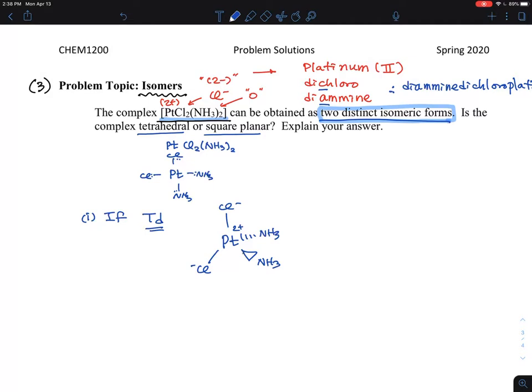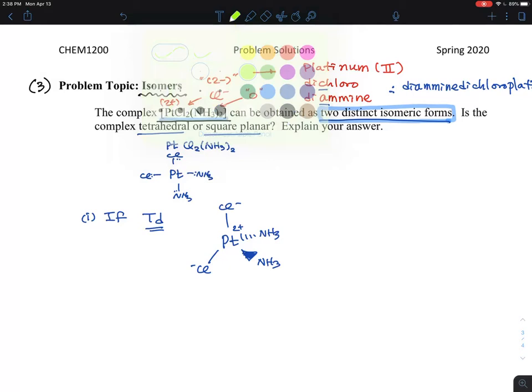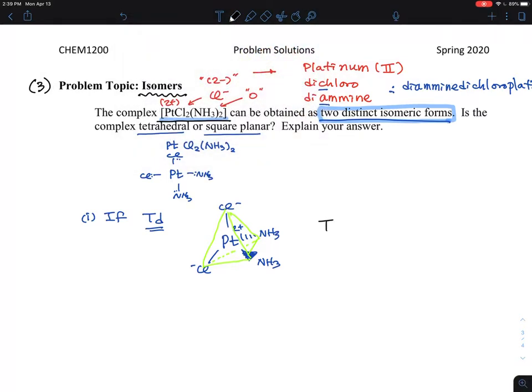And so this is a tetrahedral structure, and if you remember from the tetrahedral carbon, the 4 attachments have to be all different.